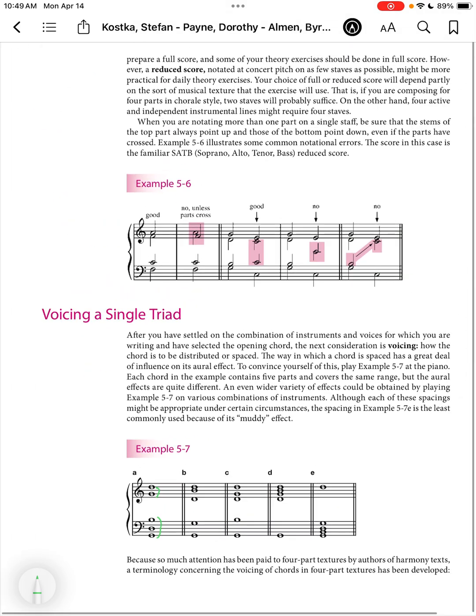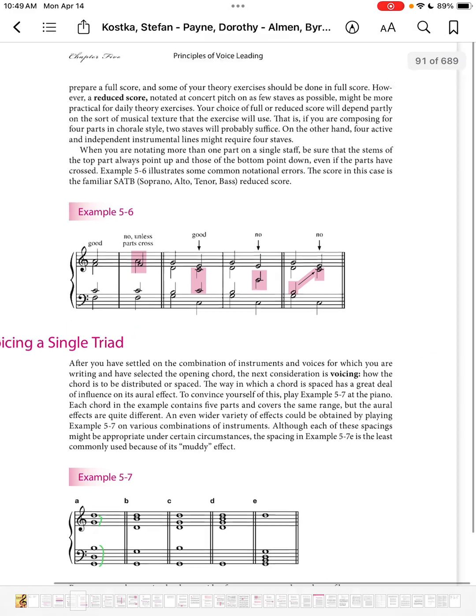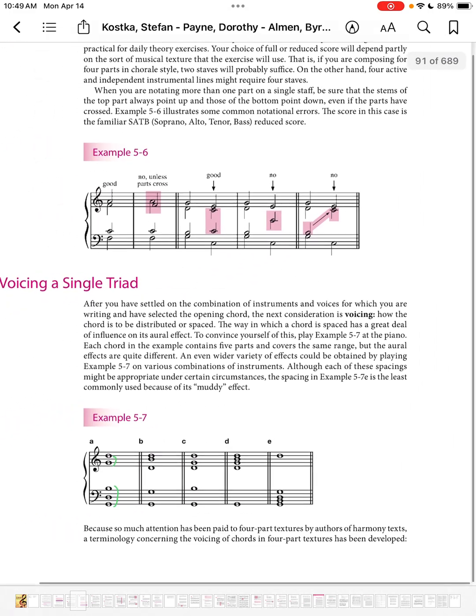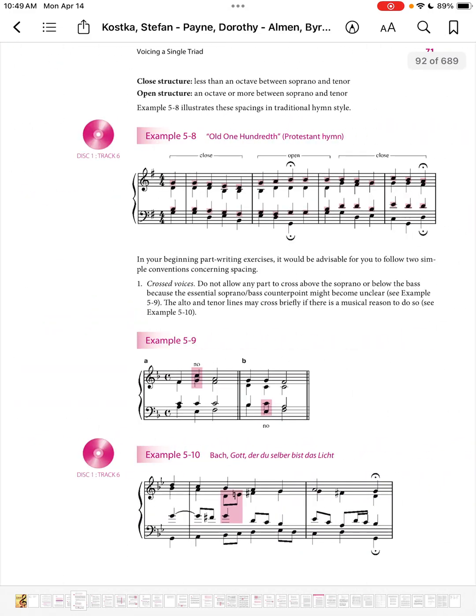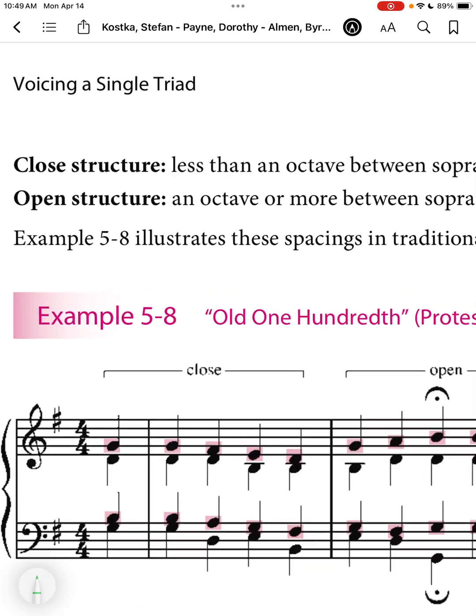This is where we talk about close and open structure. I'm really going to get on to this point.